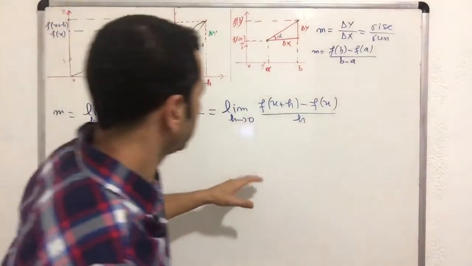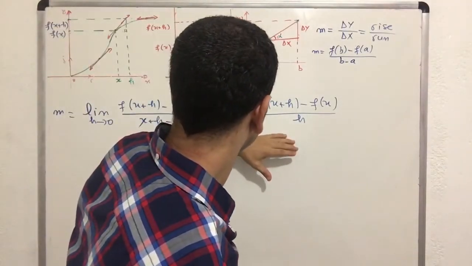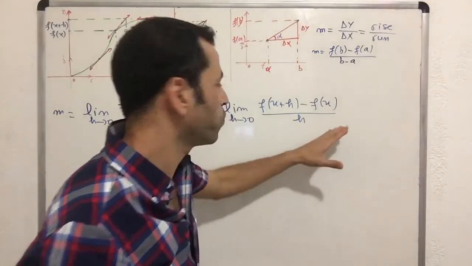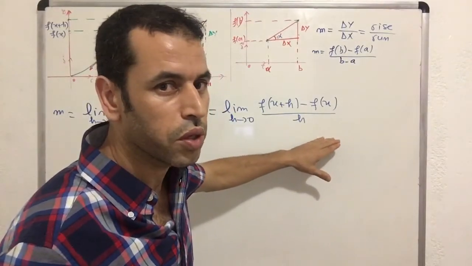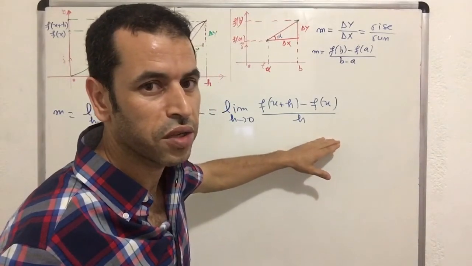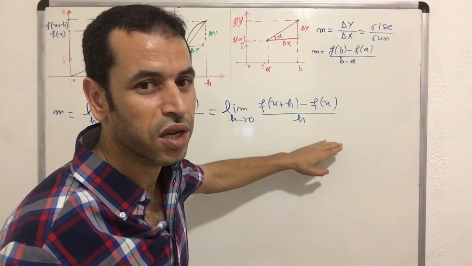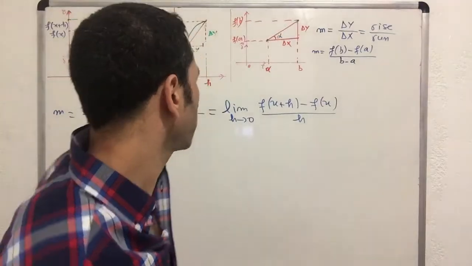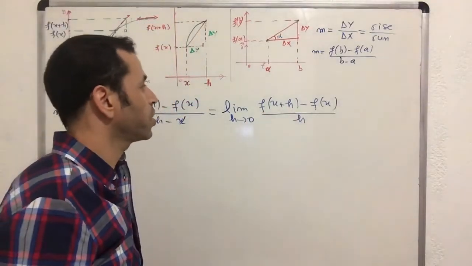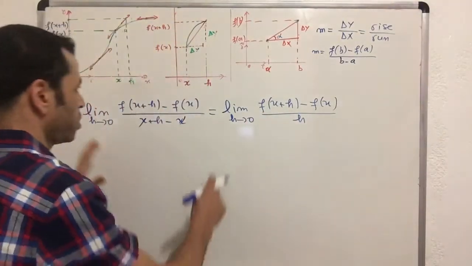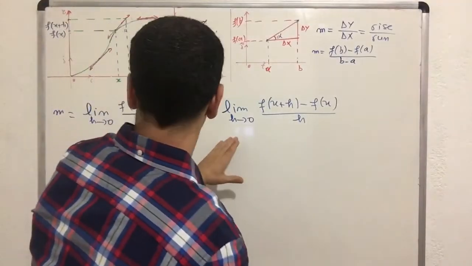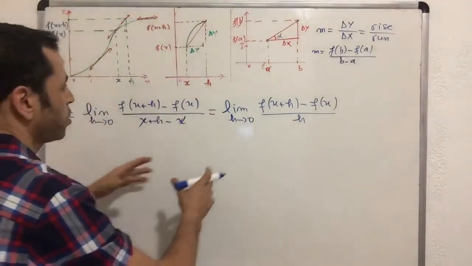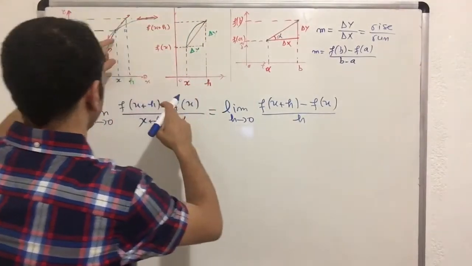It's not always the case: sometimes you find points where your function is not differentiable. There are some cases we have to mention. So this is the function. Our function is differentiable at the point x, which we just calculated.